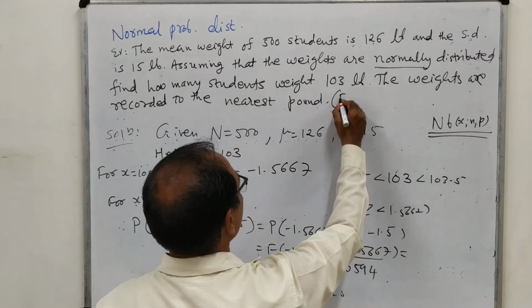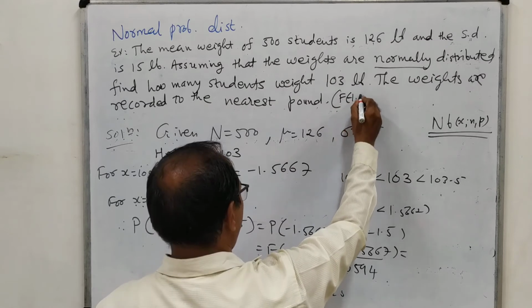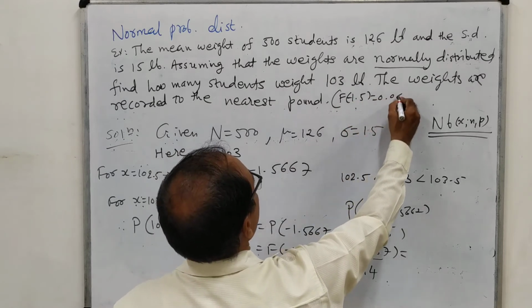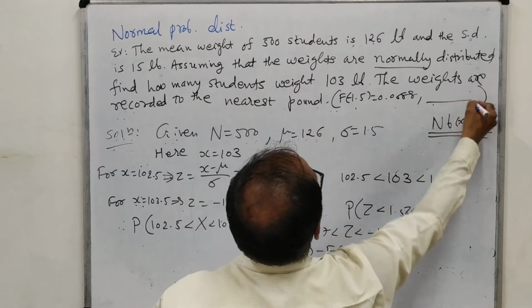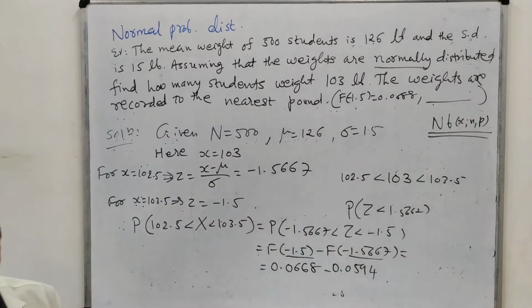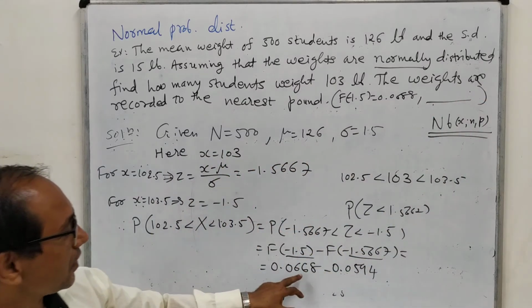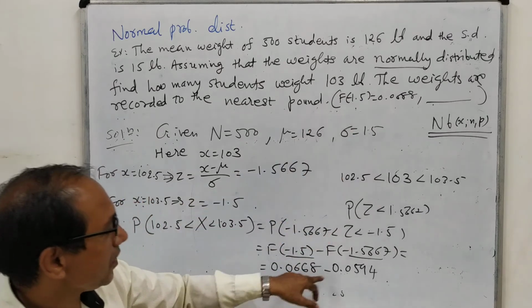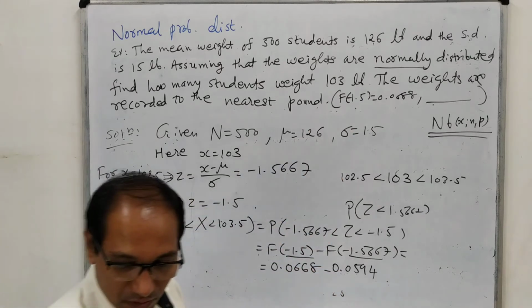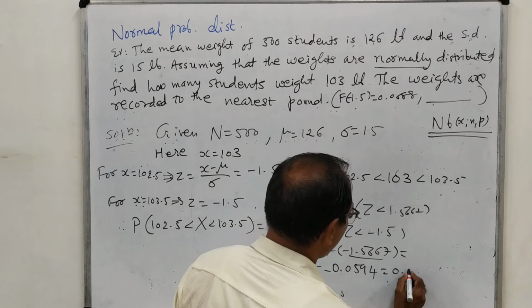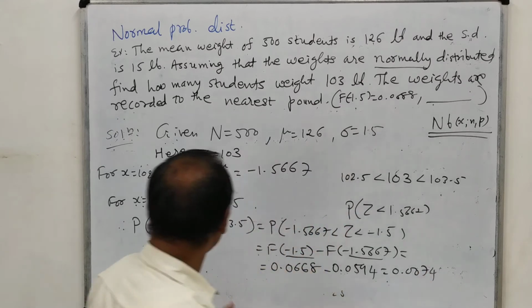That means you can use F of minus 1.5 equal to 0.0668, this value, you will already be given. So you don't require to refer to the table. You will get the value. You can write the values directly from there. So the difference between these two is 0.0074. So this is the probability.